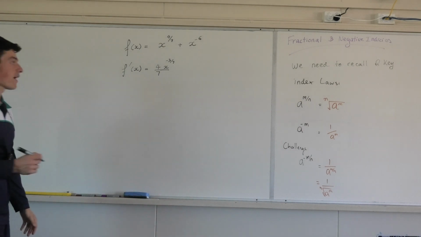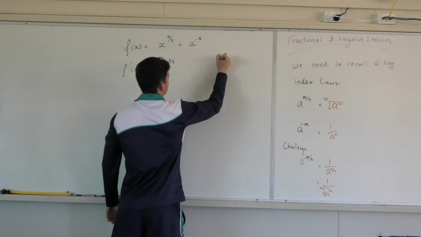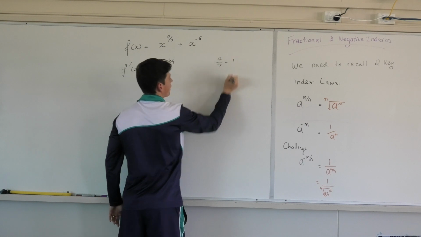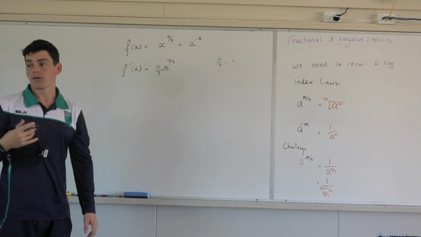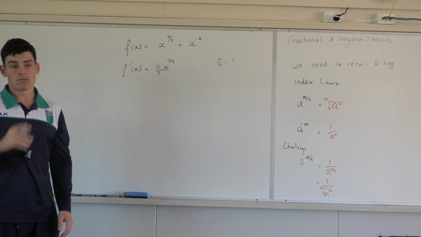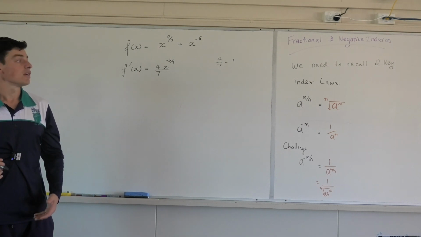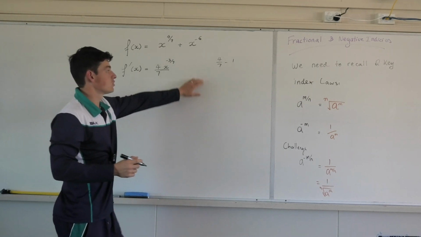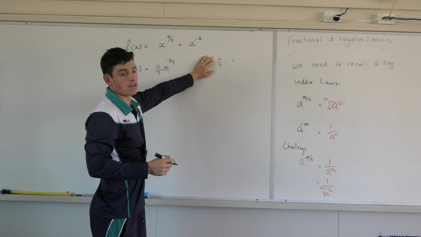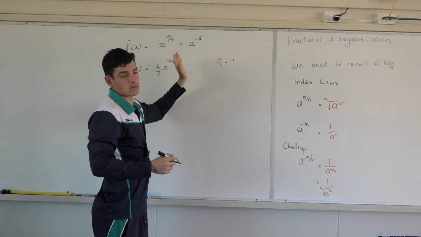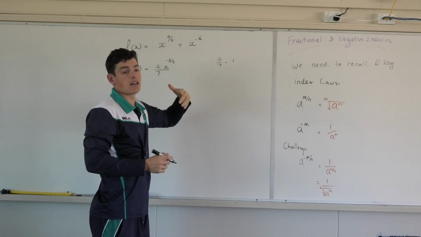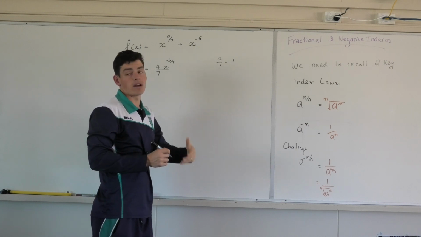Taking 1 away from our fraction. Let's just show how that works. I've got 4 over 7 minus 1. What's the problem with that? I can't do this yet, can I? What do I need to do before I can subtract these two? I need to get the same denominator, correct? How do I get the same denominator?